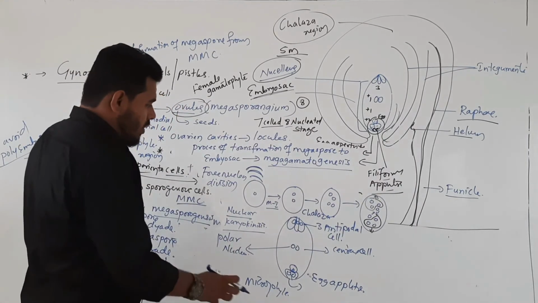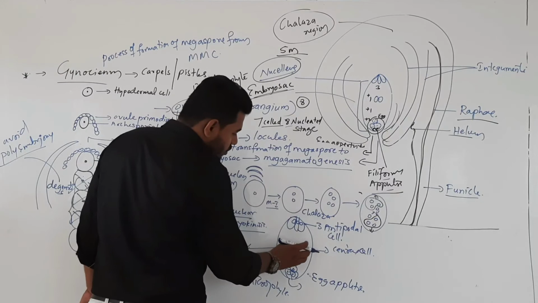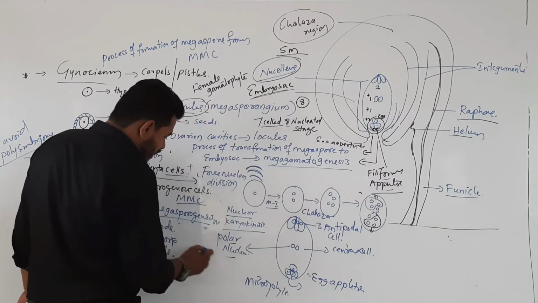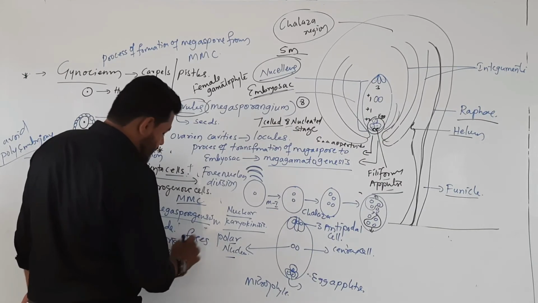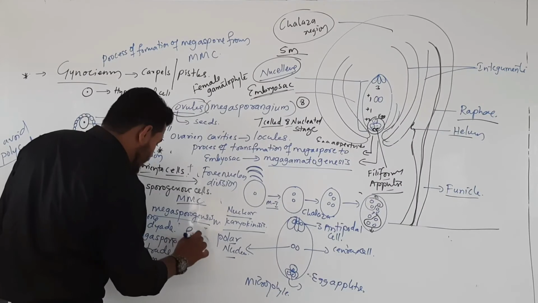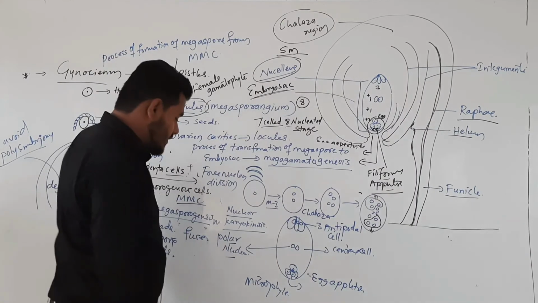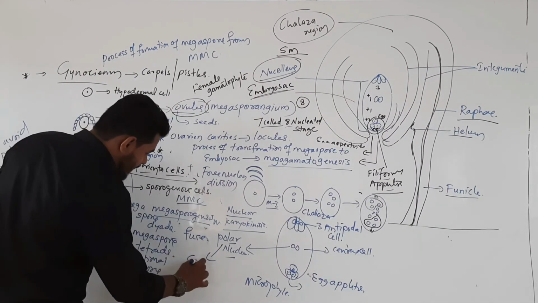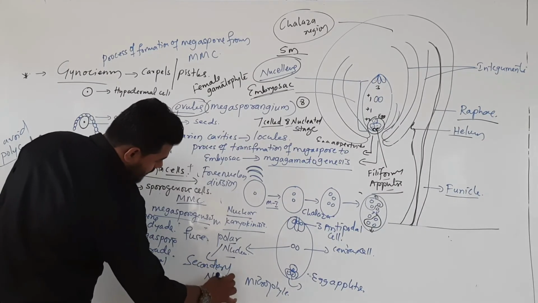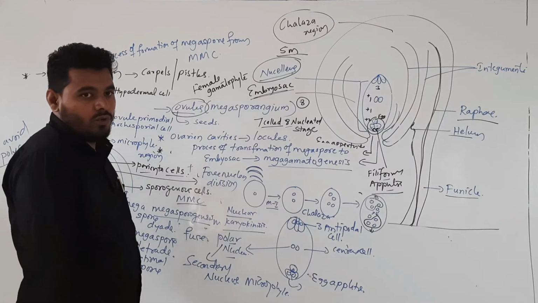Okay, so during or prior to the double fertilization, these 2 polar nuclei fuse. Prior to the double fertilization, these 2 polar nuclei fuse and form the secondary nucleus or definitive nucleus.